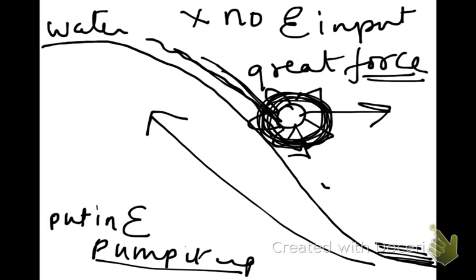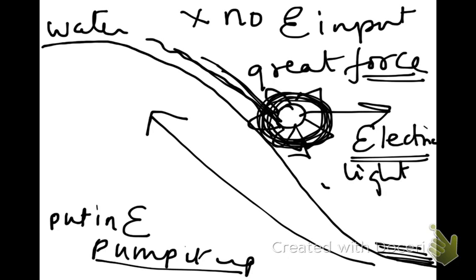And I can convert this mechanical energy into electrical energy. This is the basis on which I get light in my house. I can switch on the light because I have electricity.